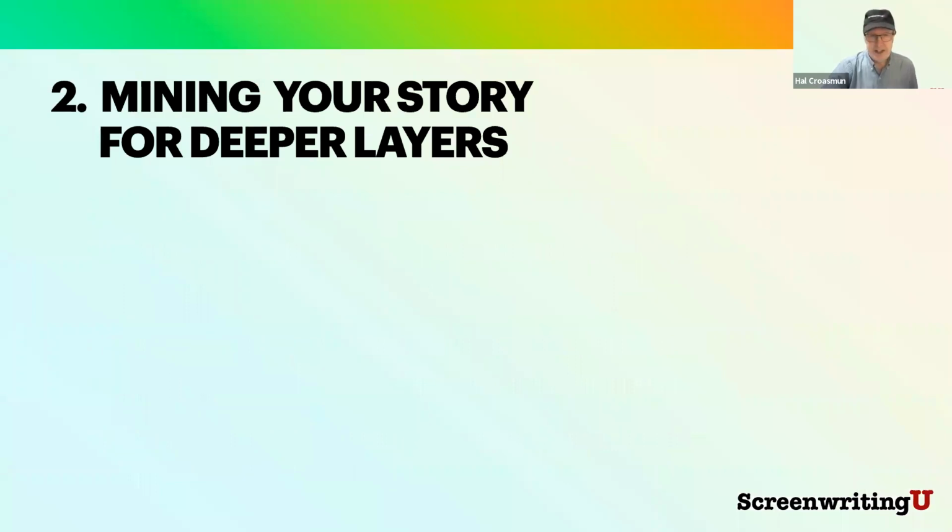So how do you find these? Because it's easy to get hooked into the surface story and think that's all there is. A lot of times I've had people pitch me stories and I'll go, okay, cool. And what's the deeper layer? And they'll go, no, I just told you the story.